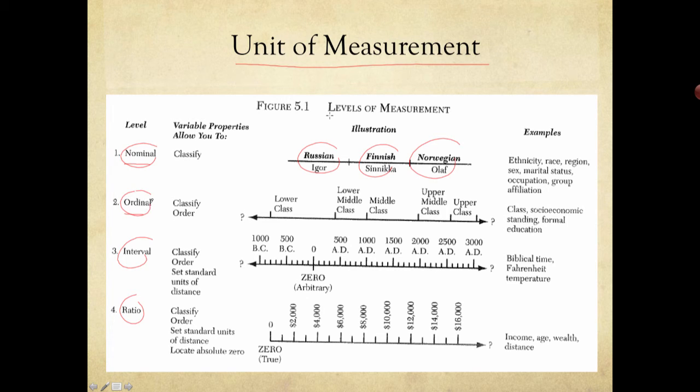The second category is ordinal. In this case, you would differentiate the similarities and differences in terms of a slightly more refined set of categories where you now can make some ranking in terms of the differences, like the upper middle class or lower middle class.